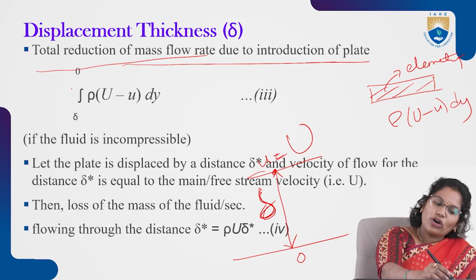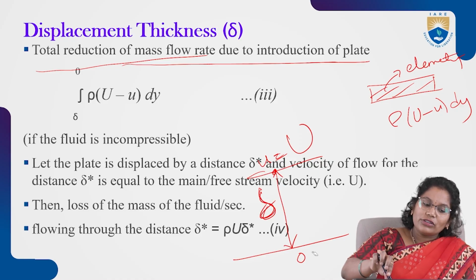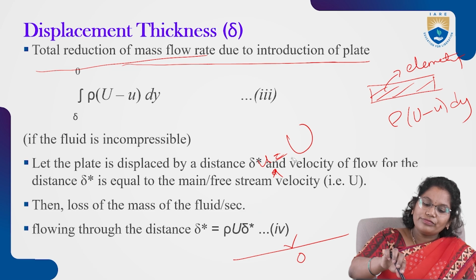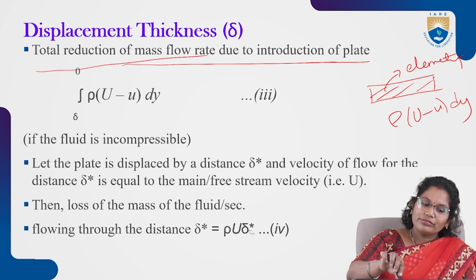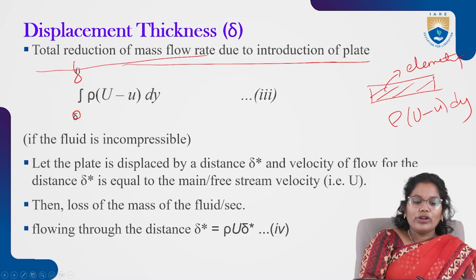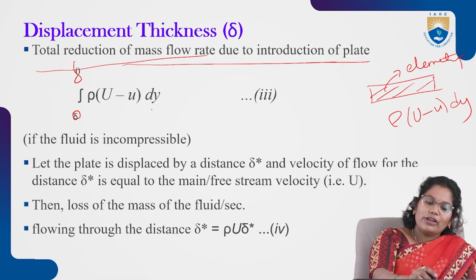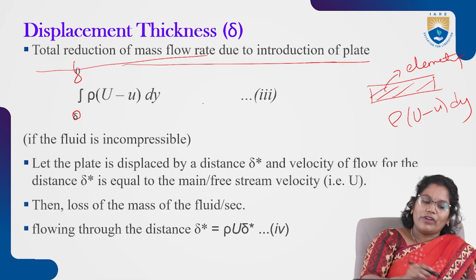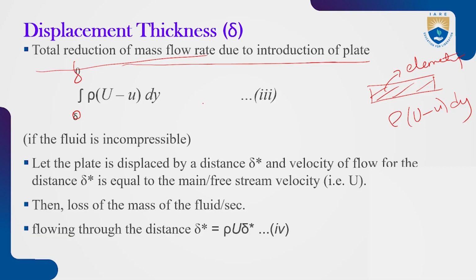So the integration from 0 to delta of rho into capital U minus small u into dy is the total reduction of mass flow rate when a plate comes in contact with the fluid.